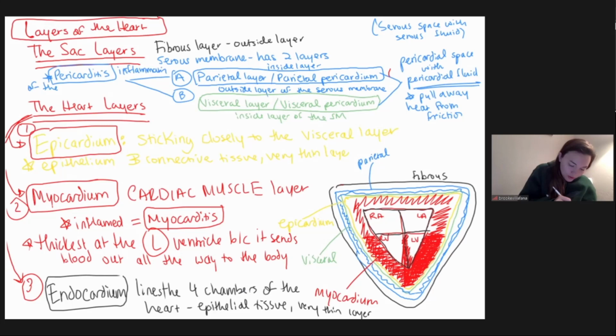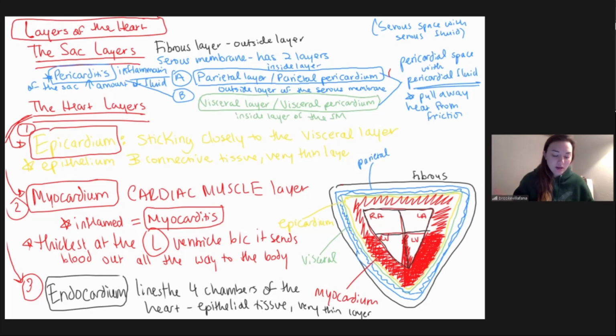And this is going to lead to an increased amount of the fluid, so an overproduction of that fluid. And this can be related to an inflammation, an infection, or an impact to the chest, and it can cause a heart attack to happen. It is something that we see a lot with heart failure.